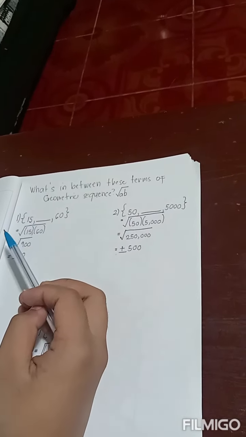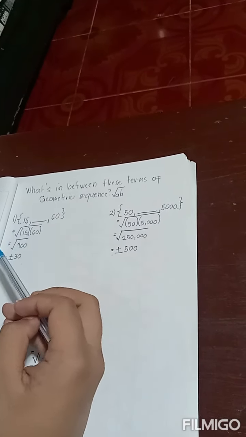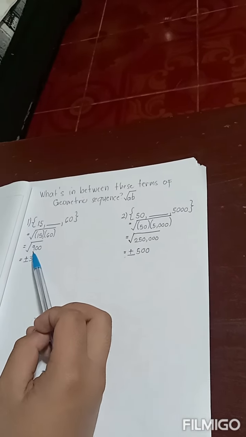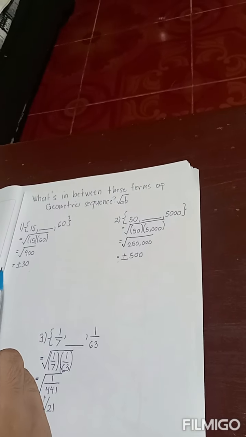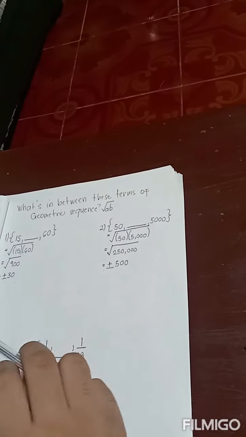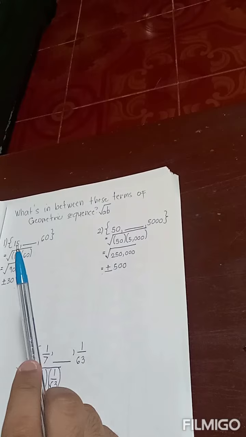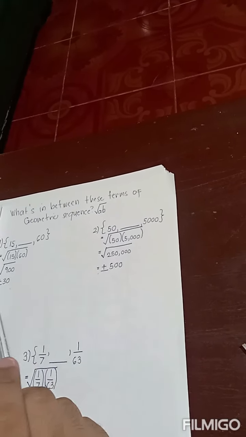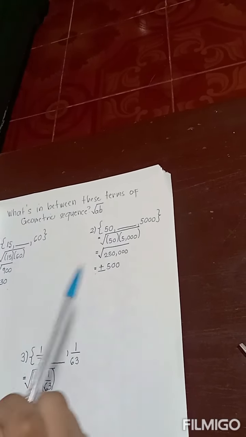Number one, the square root of 15 times 60 equals the square root of 900, and the final answer is positive and negative 30. Same formula for number 2, the square root of 50 times 5,000 is equal to the square root of 250,000, which equals positive and negative 500.